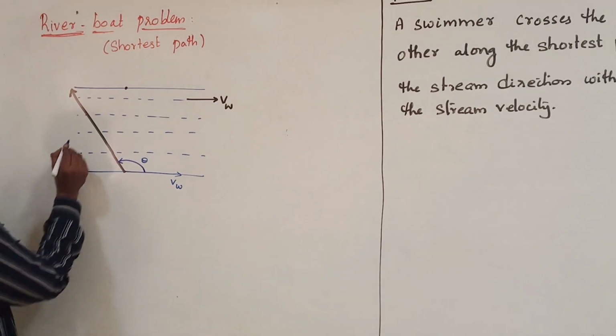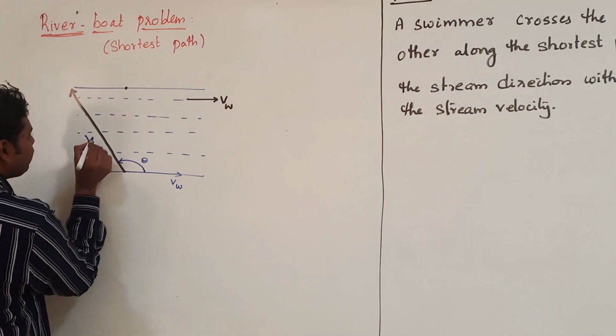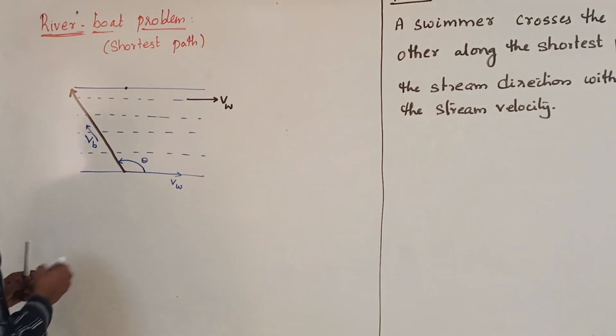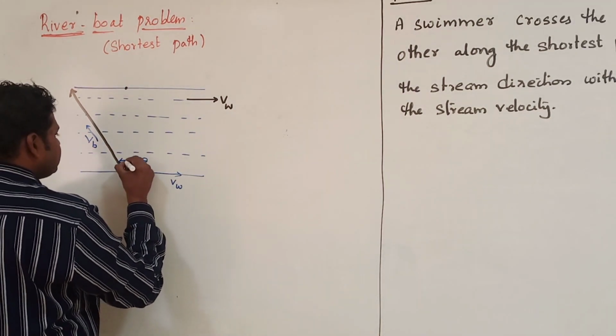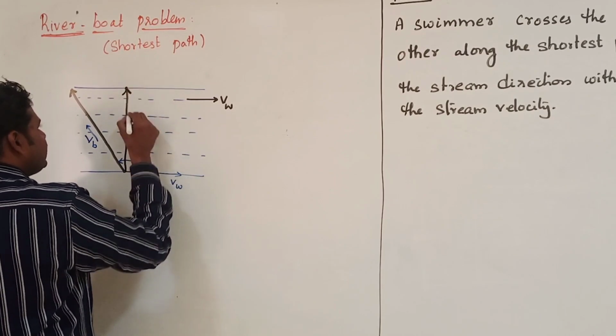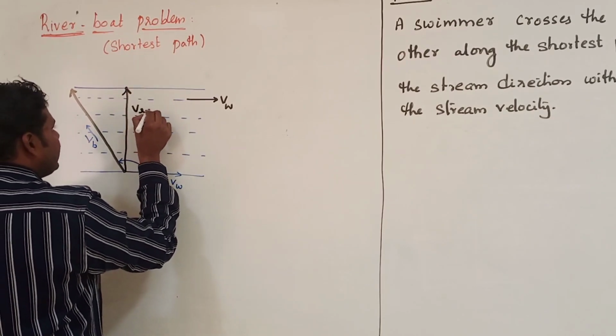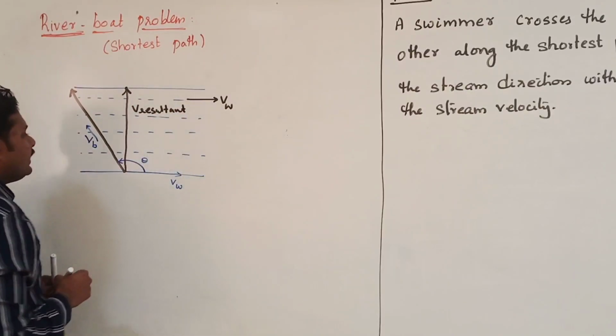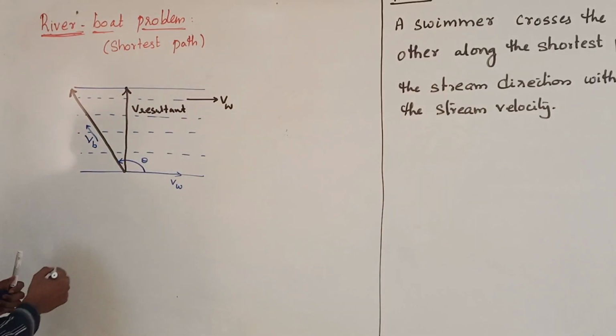This is called the velocity of the boat. Now what happens? It reaches the point. This is called V resultant. So how to analyze this?